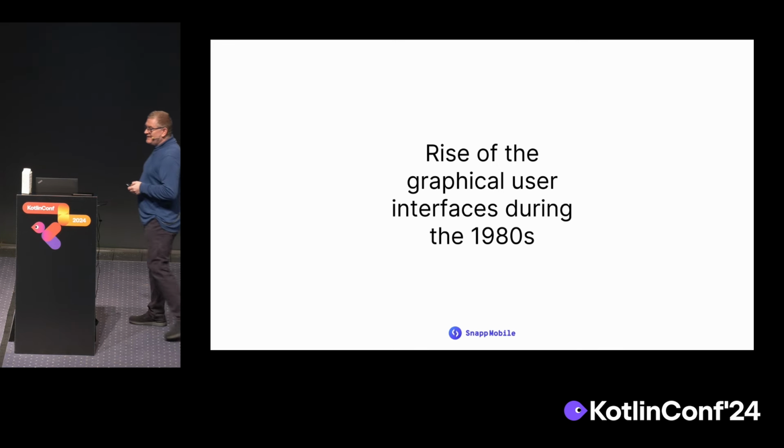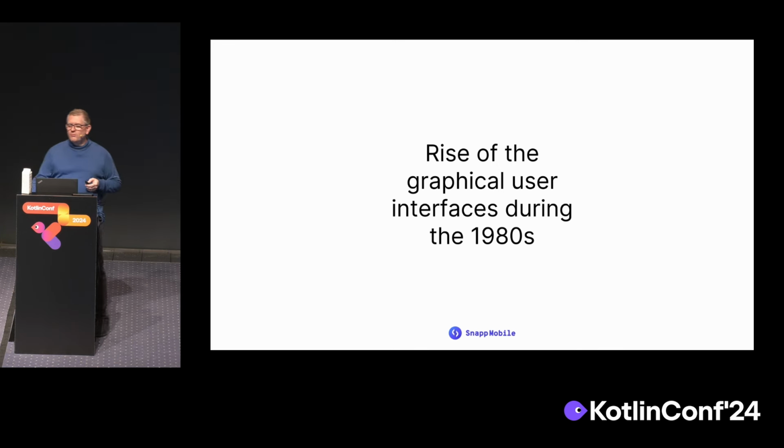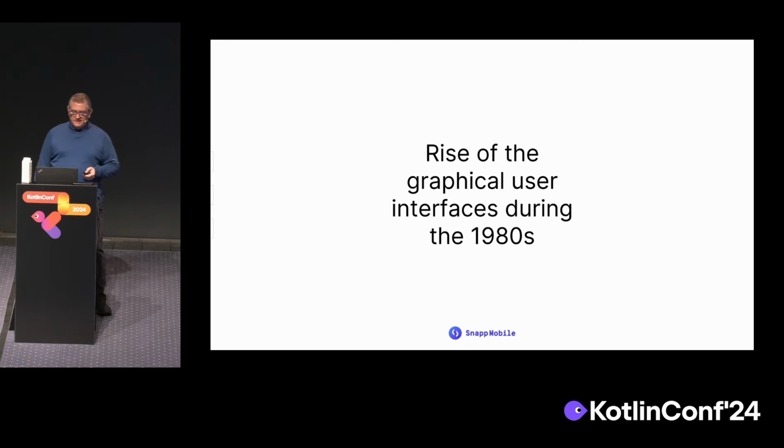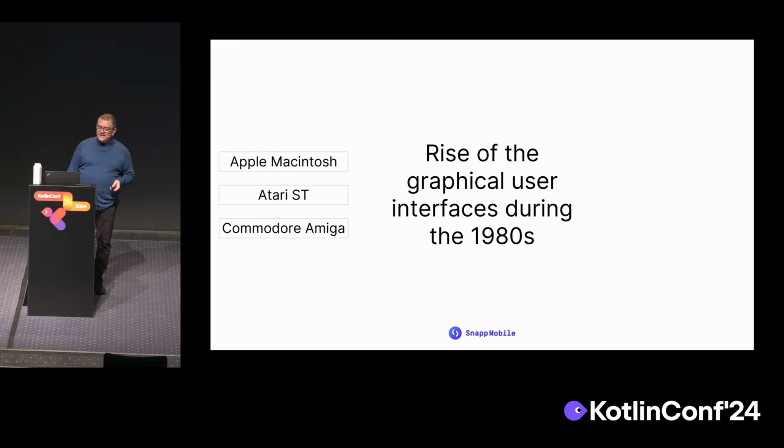And in the 1980s, these home computers got way more powerful. They became 16-bit machines, one of the famous ones being the Apple Macintosh, the Atari ST, and the Commodore Amiga. What's interesting about them and why I'm mentioning them here is they all had a graphical user interface built in.